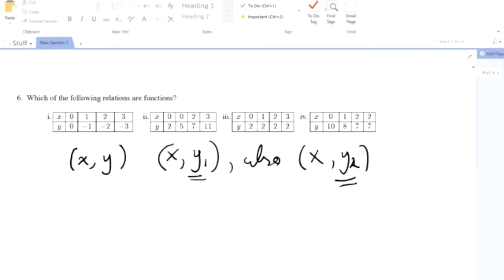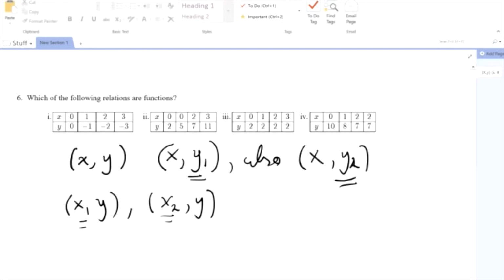The y value may not be unique to that x. So for example, this is a function, because we can get two different x's having the same y, but we cannot get one x having different y's.